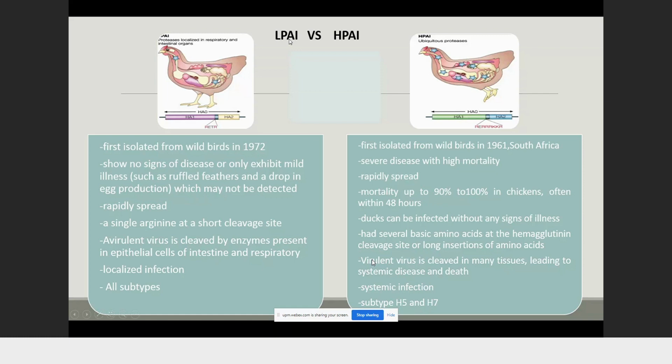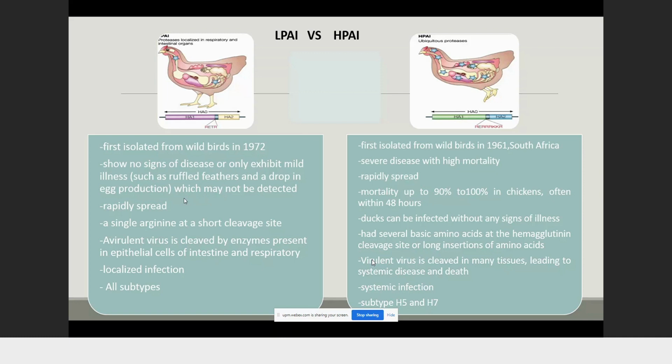Low pathogenic avian influenza was first isolated from wild birds in 1972, whereas highly pathogenic was also first from wild birds, in 1961. In terms of clinical signs, most of the time low pathogenic avian influenza exhibits mild illness, such as ruffled feathers and a drop in egg production, which might not be detected.